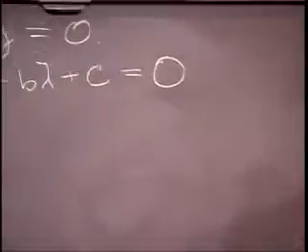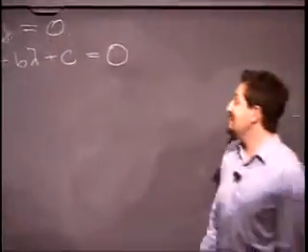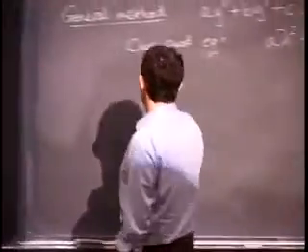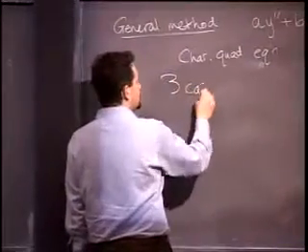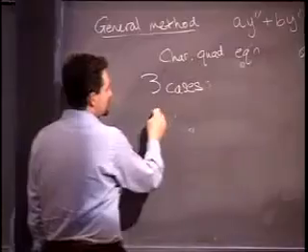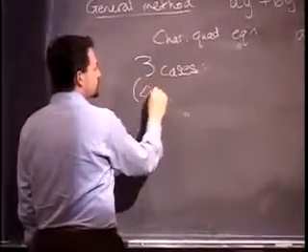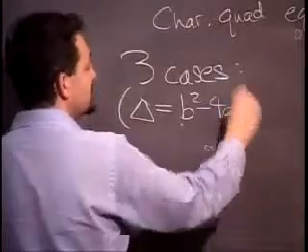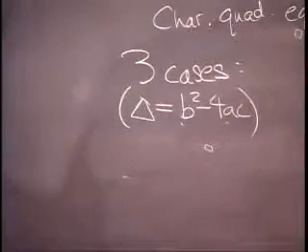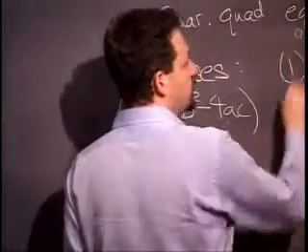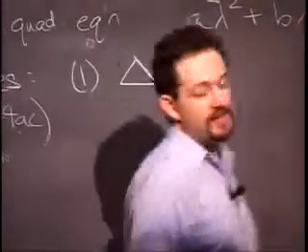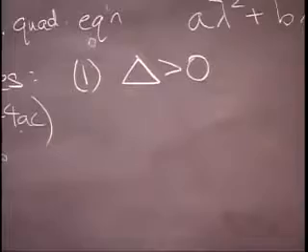Now, in this previous example, I was able to factor it and find the two solutions. But there are actually 3 cases, depending on the sign of the discriminant. And remember, the discriminant is, as always, b squared minus 4ac. So case 1 is where the discriminant is positive. Then there are 2 real roots.